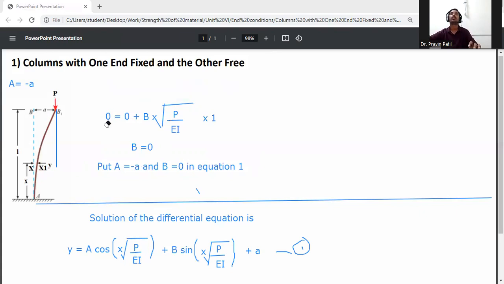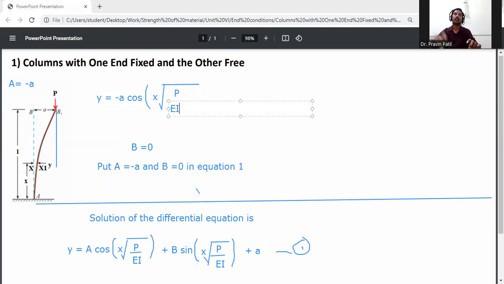So I will write down here: y is equal to minus a cos in bracket x root of p by a, bracket close, plus b, which is 0, so this term will be 0, and plus a.